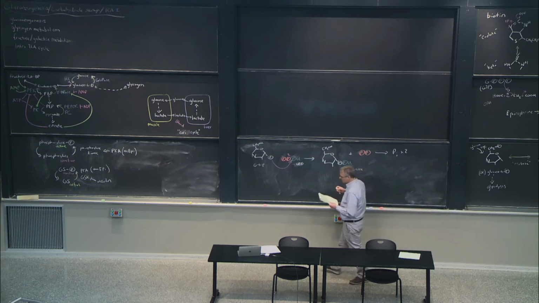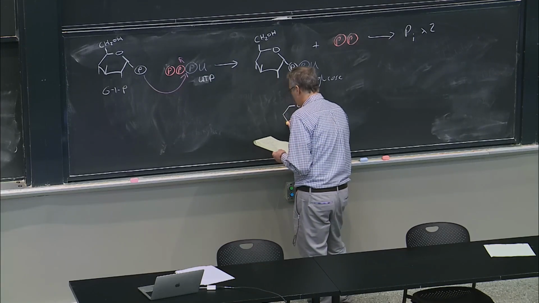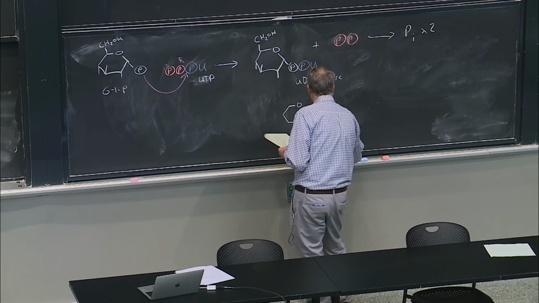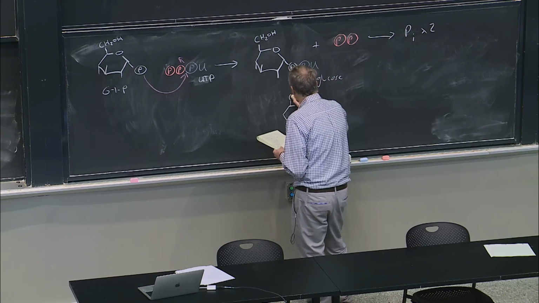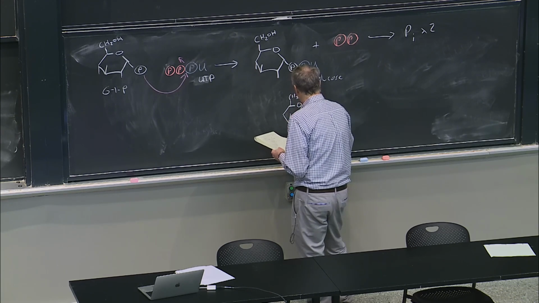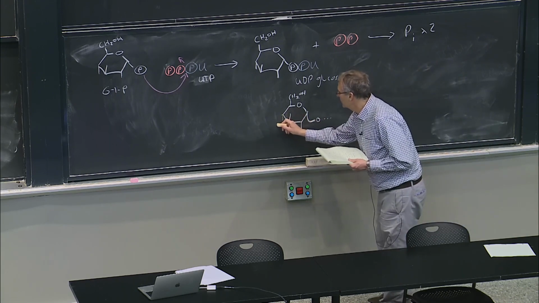This UDP glucose can now react with the non-reducing end. So this here will be the non-reducing end of the polymer.